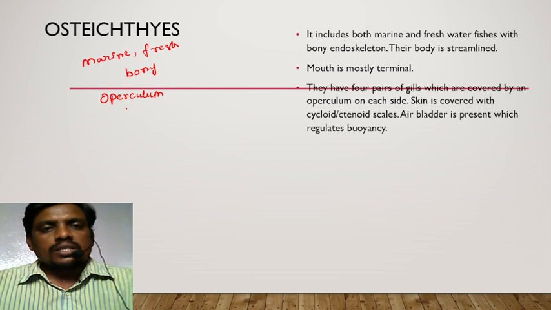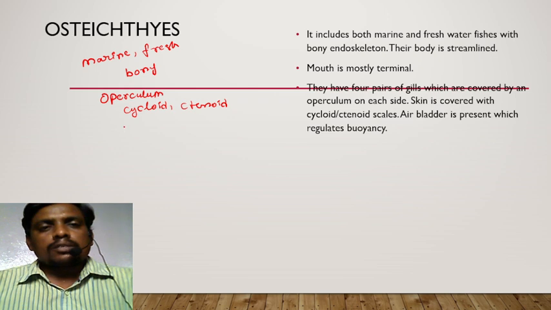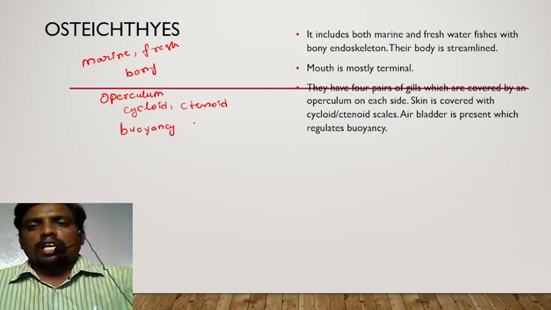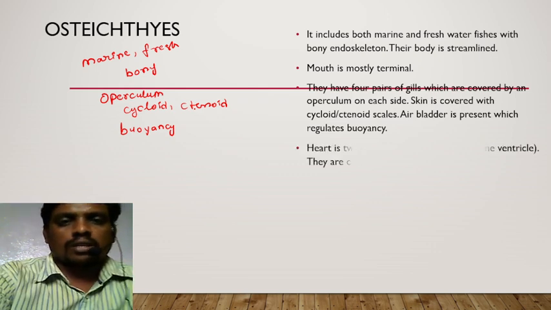The skin is covered with cycloid and ctenoid scales. Air bladder is present, which helps to regulate buoyancy, a mechanism which helps them swim easily in the water without sinking.